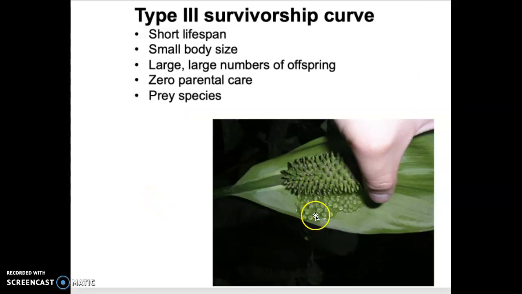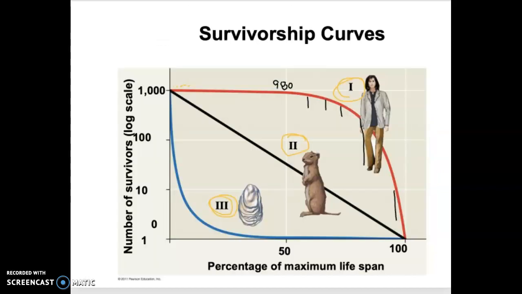Can I produce enough babies to literally overwhelm any predator that's trying to eat all of us? And some of my kids will survive. So again, these are not absolutes that you have to fit in here. It's general.